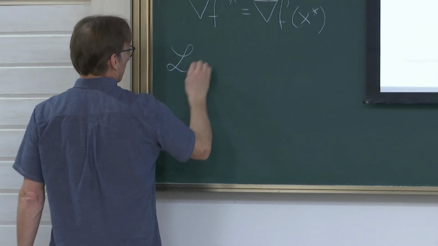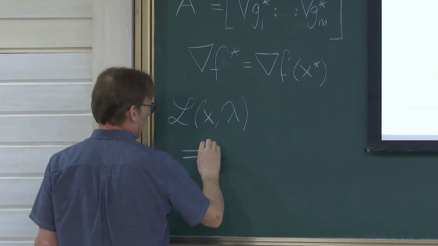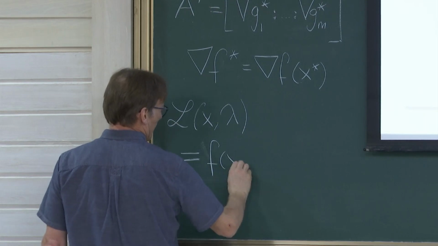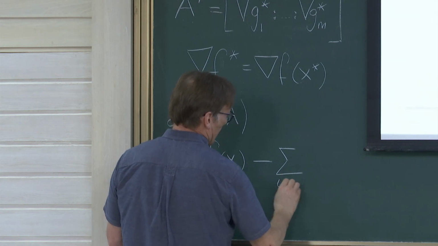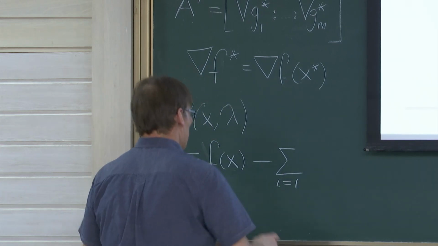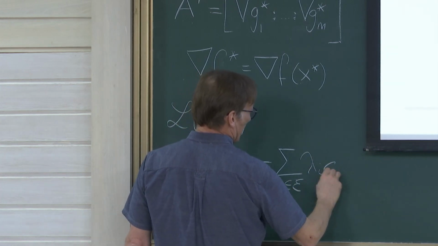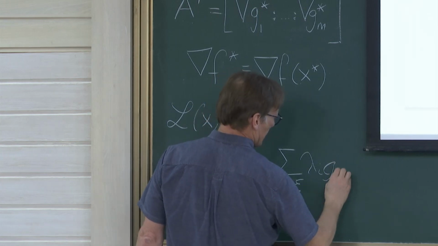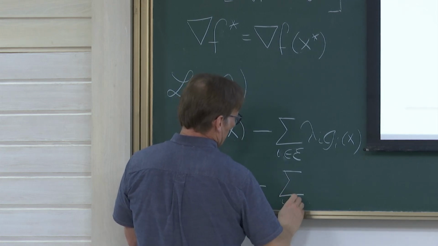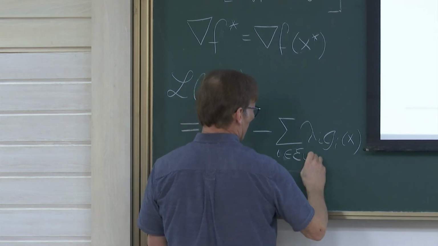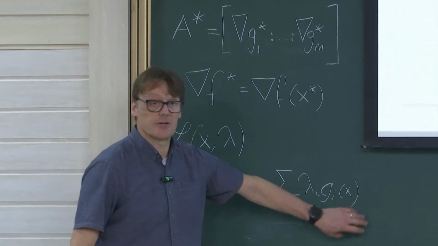The Lagrangian at x and lambda is a linear combination of the objective function f of x minus the sum over i in E of lambda_i g_i of x, and also over the union with the inequality constraints I. So it's the linear combination of the objective and the constraint functions.